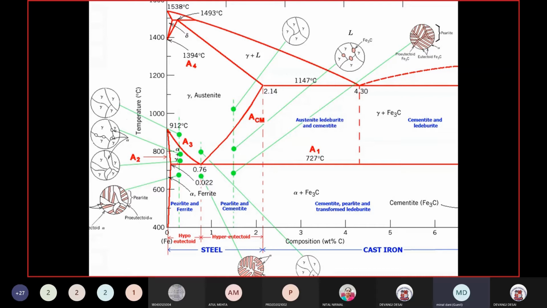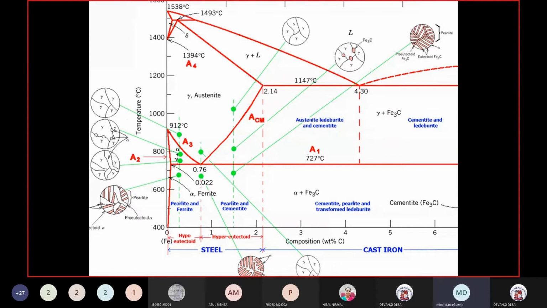So from this diagram you also come to know that, as there is a very low percentage of carbon in ferrite, it will be a little soft. Once there is formation of cementite, your steel becomes harder.